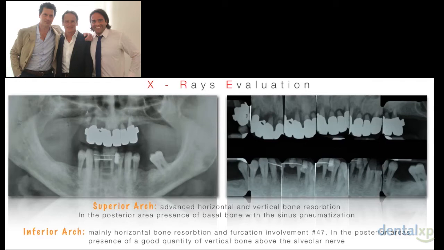In the inferior arch, we have mainly horizontal bone resorption and furcation involvement of the left molar, number 47. And in the posterior areas, we have the presence of a good quantity of vertical bone above the alveolar nerve. And this is also good information that can make us think of implant therapy.